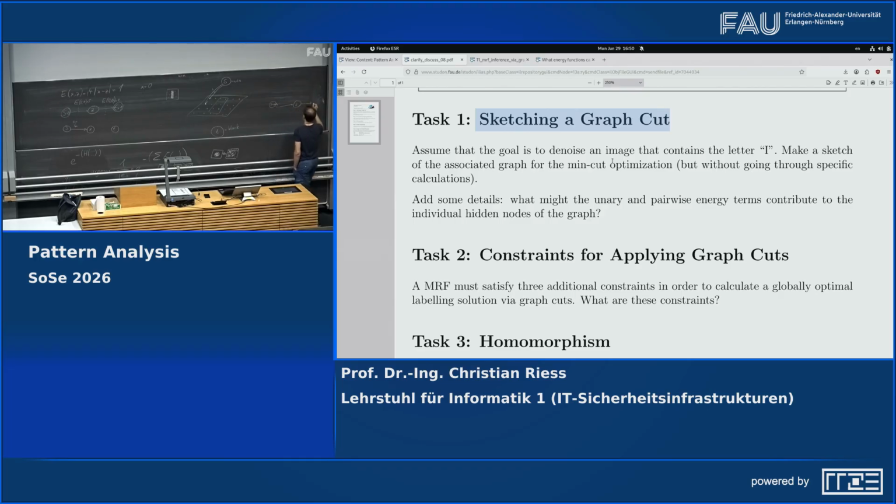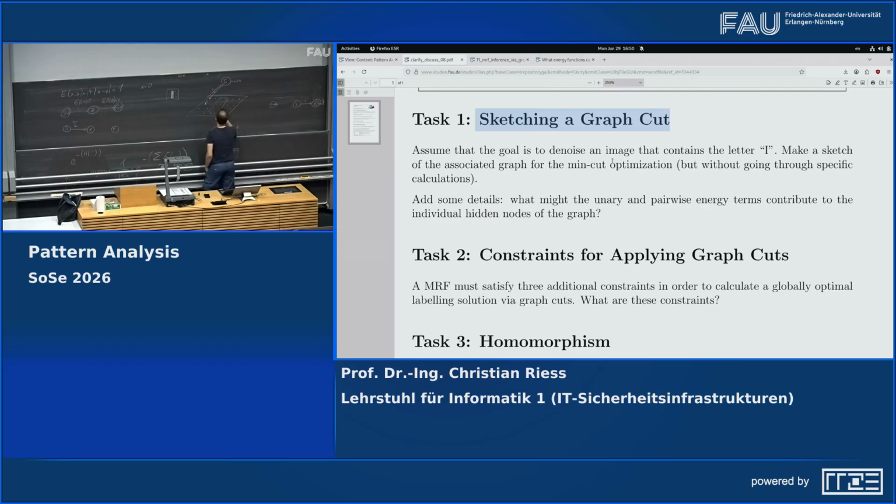We have a hidden variable, we have T equals black. So for a black pixel, it would be more natural to assign it to black. So it should only cost something if we make a decision to break this assignment to black.